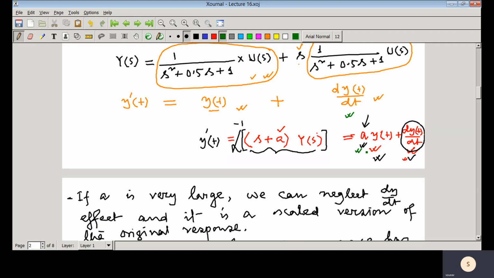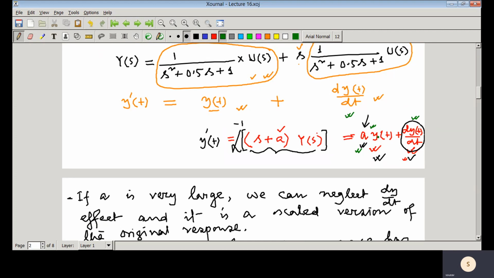But if a is very large, that means the 0 is far away from the origin, then we can neglect the dy by dt effect, and the output is the scaled version of the original one. The oscillation, overshoot and percentage of overshoot remain the same, only scaled up or down depending on the value of a.